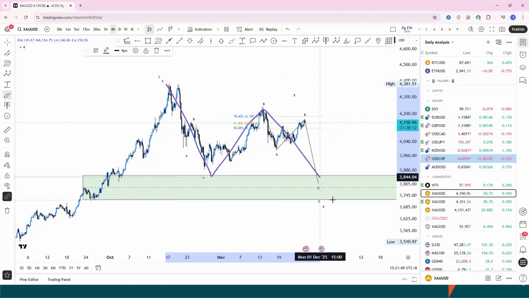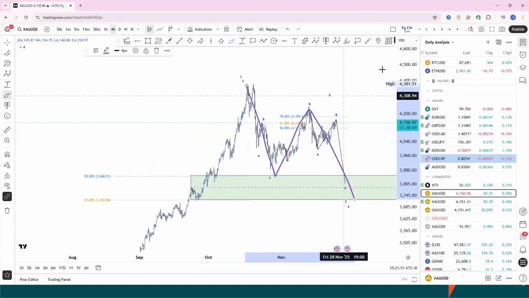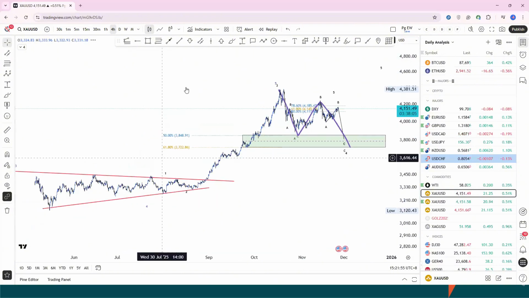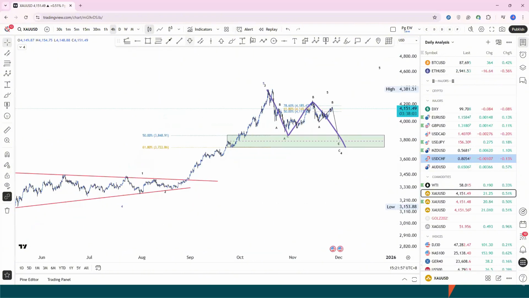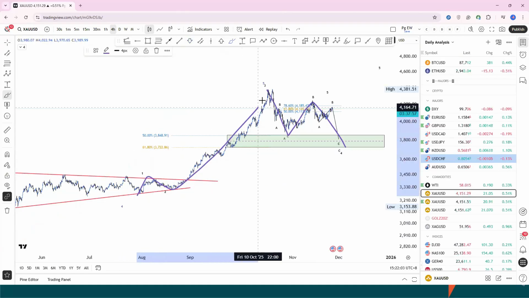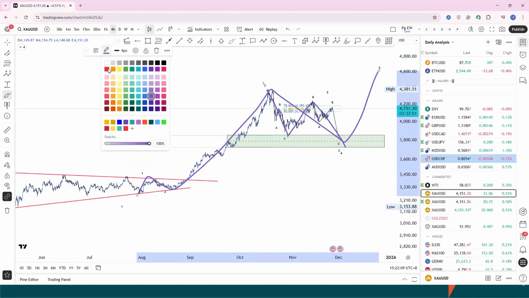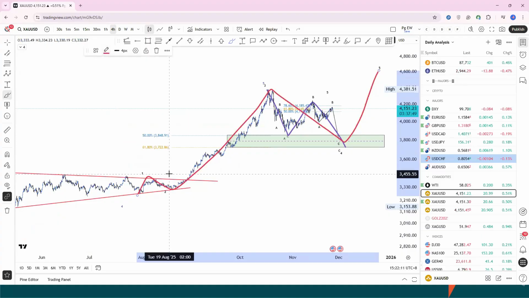A, B, C. Okay, like that. Also, you're gonna see from 1, 2, 3, 4, continue to go 5. Like that, you can see the pictures. Okay.